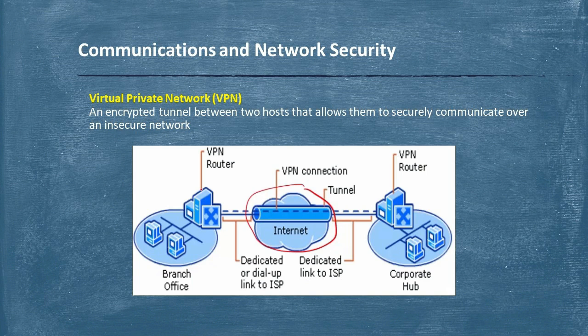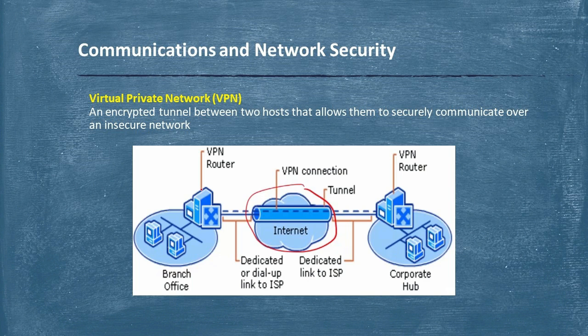Take a look at this picture here. This is the internet, and a branch office is here and another corporate office is here, let us suppose. The users need to communicate securely, but they have to cross the internet. So for crossing this, they create a tunnel here.